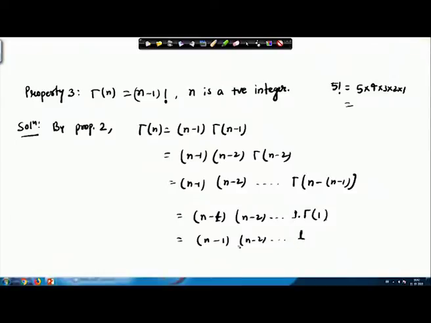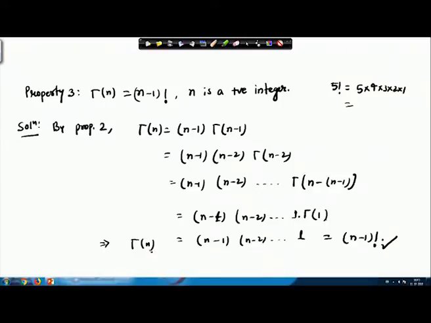You see we have basically n minus 1 times n minus 2 times n minus 3 up to 1, and therefore, this can be written as n minus 1 factorial, and this is what we needed to prove, that gamma n equals n minus 1 factorial. So, we can see that gamma n follows this kind of formula, n minus 1 factorial.